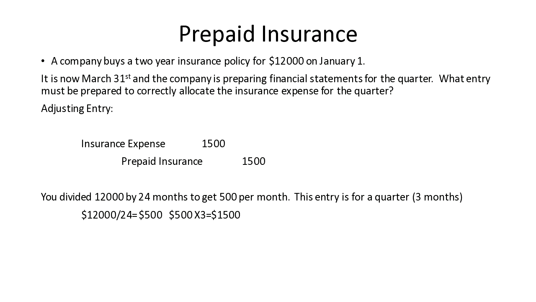So in this case, you paid $12,000 for 24 months. That's $500 per month is what that works out to be. So for the quarter, it would be 500 times 3, because a quarter is 3 months, of course. Your entry then is insurance expense, $1,500. Prepaid insurance, $1,500. So this balance up here is going to go down to $10,500.